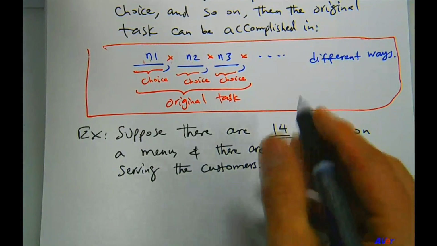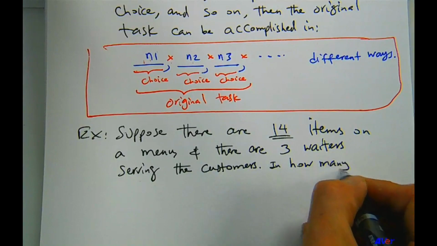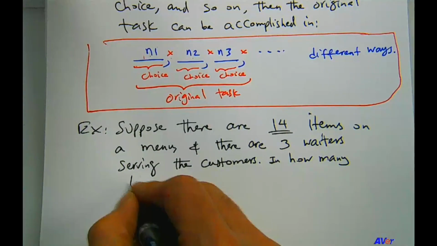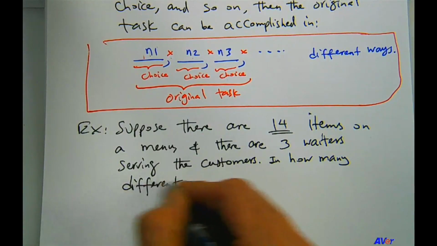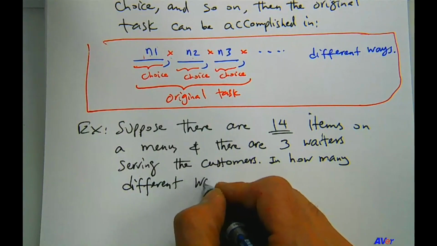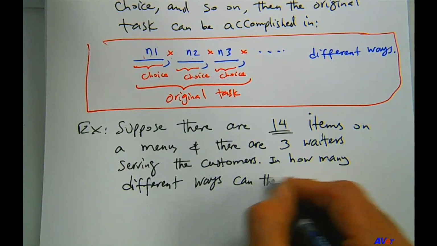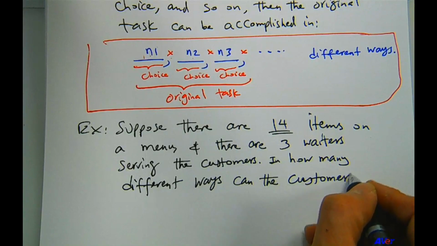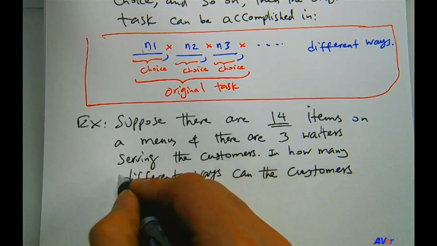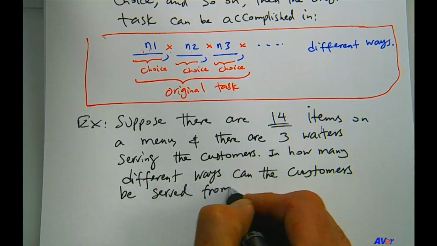Serving the customers, and the question is in how many different ways can the customers be served from this menu?